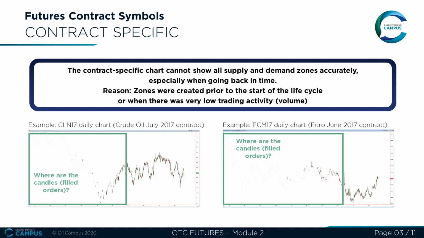For example, the current S&P contract ESH20 will next be expiring on the 20th of March 2020. Before this contract expires, the majority of the daily volume and open interest will begin trading the next contract month, June. This is also referred to as a rollover.